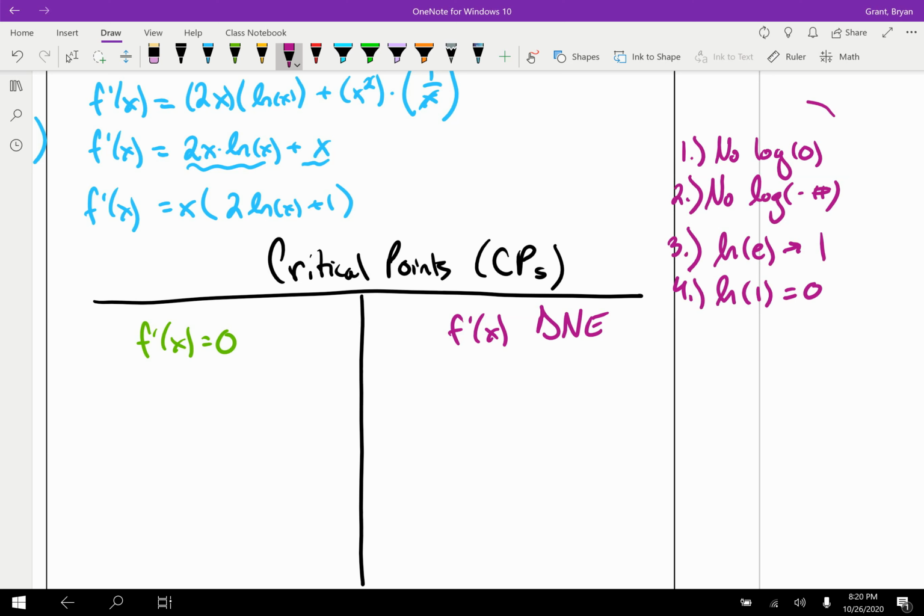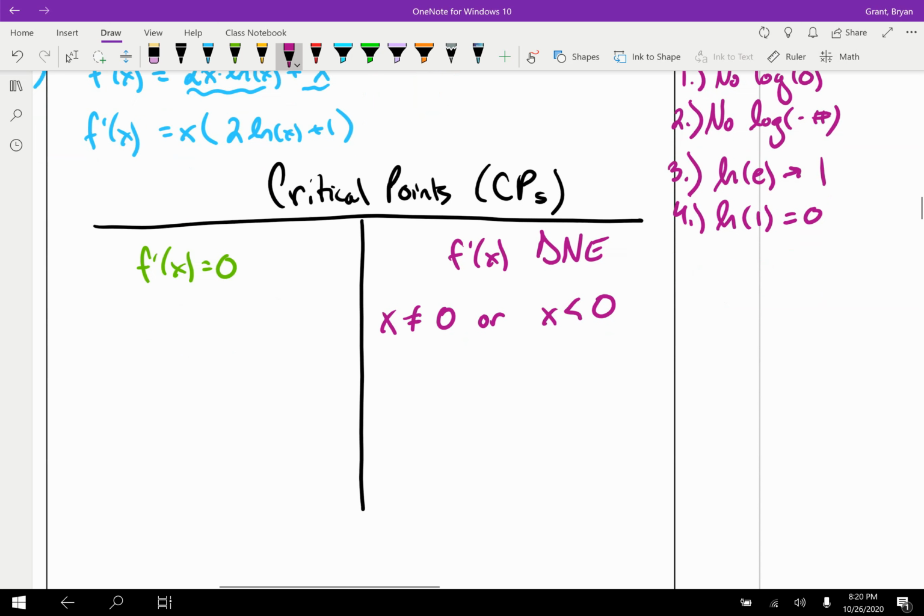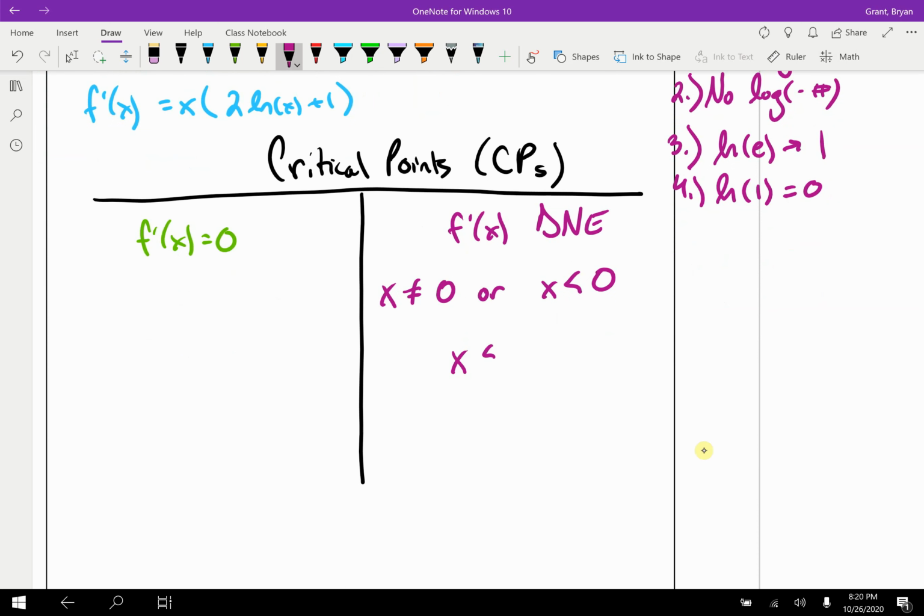But the two big ones for us are that we're not allowed to do the log of 0 or negative numbers. And since we have a log in here, that means that x cannot be 0, and x also can't be less than 0. We could put all of that together by saying less than or equal to 0 is no good. We're not allowed to have that. So just keep that in mind.